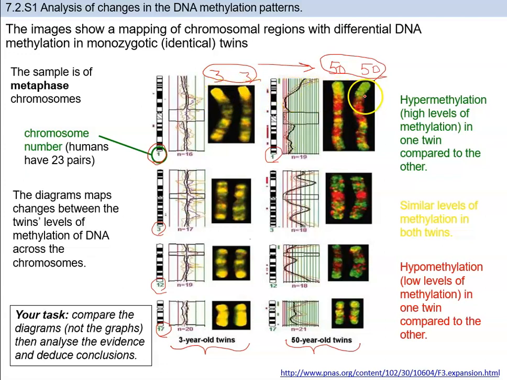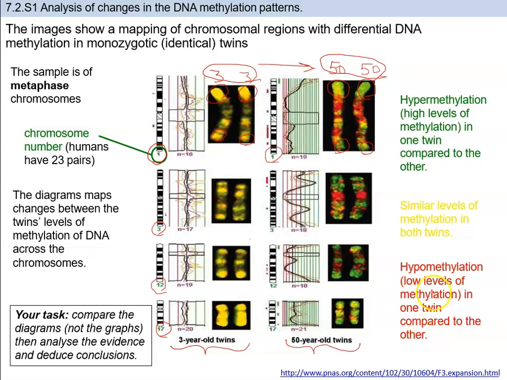Yellow has turned into green, which means a high amount of methylation has happened from 3-year-old to 50-year-old. The same here, methylation has increased, and also in this area the amount of methylation has increased.